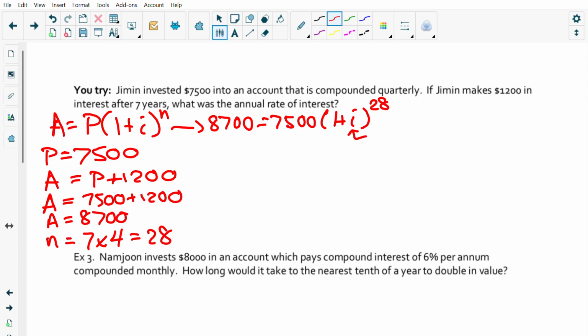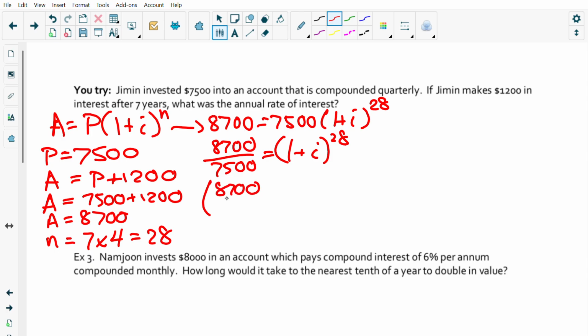Okay, remember this i value, that interest rate we get at the end, that's going to be a quarterly interest rate, right? We're going to have to be sure to multiply by 4 at the end, but let's finish this, okay? I'm going to raise both sides to exponent of 1 over 28, and that will take that exponent of 28 and turn it into exponent of 1, so I can get at that i.